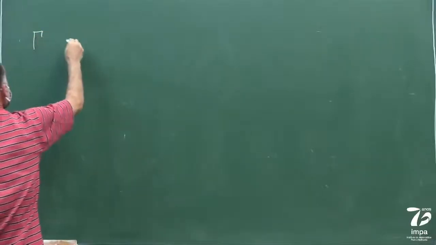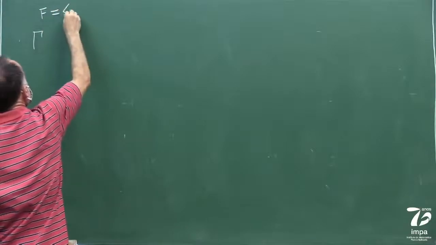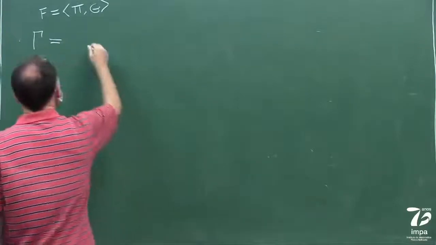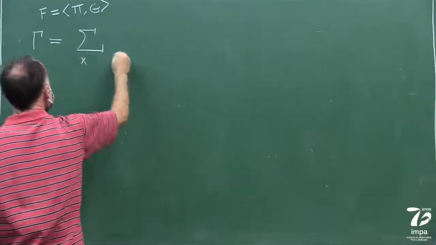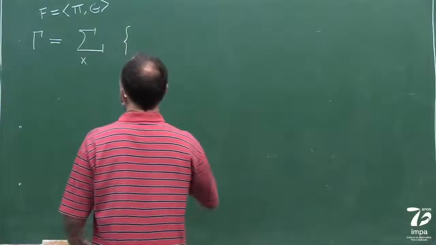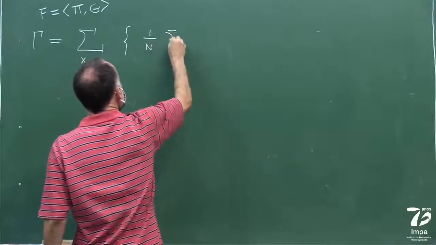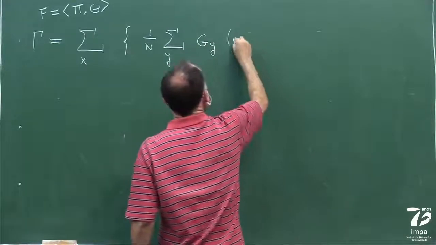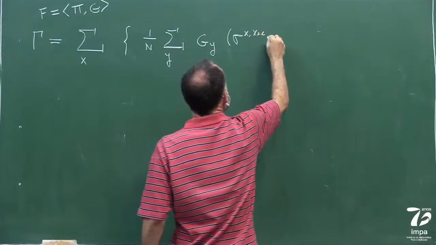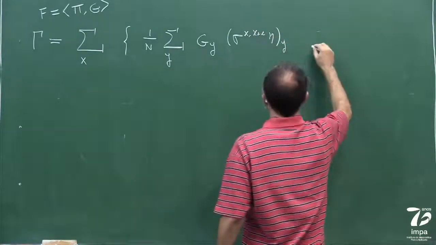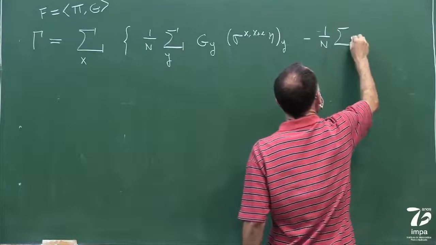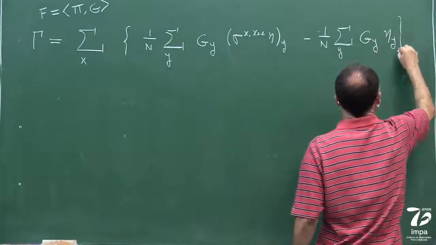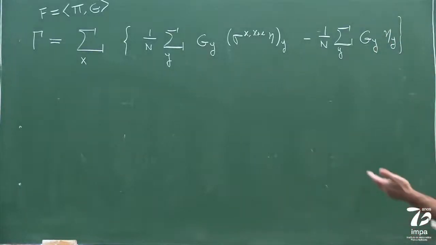In the case in which f is equal to pi g, gamma will be equal to the sum in x of the square of 1 over n sum in y of g y at sigma x plus e eta y minus 1 over n sum in y of g y eta y.